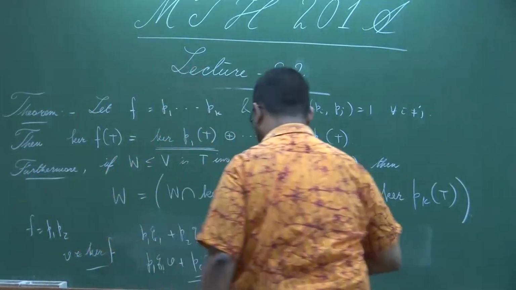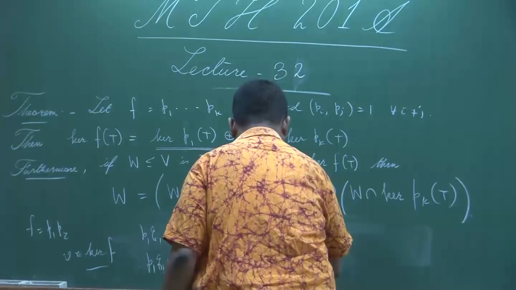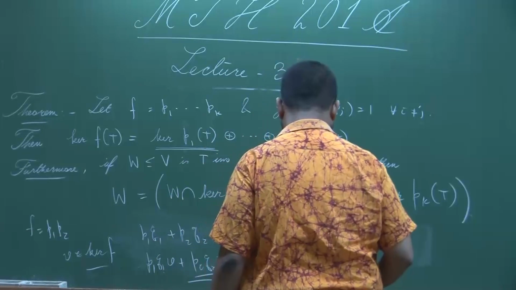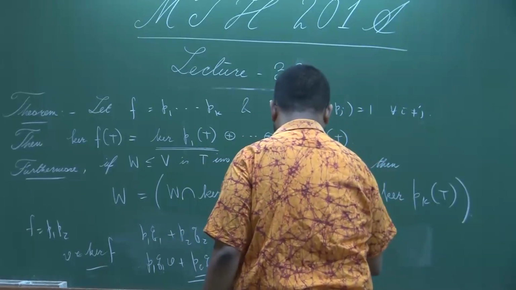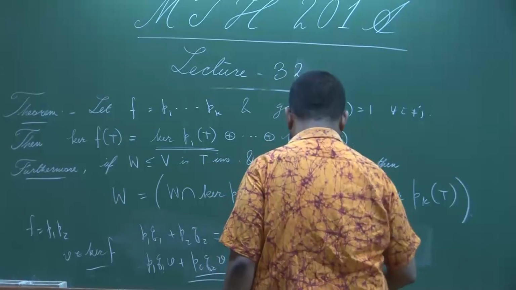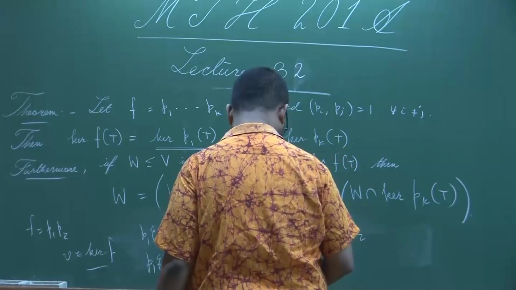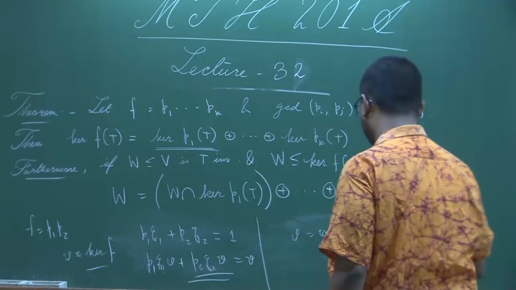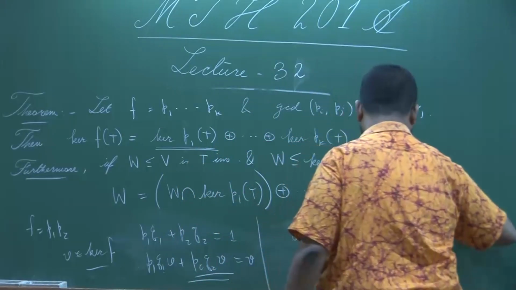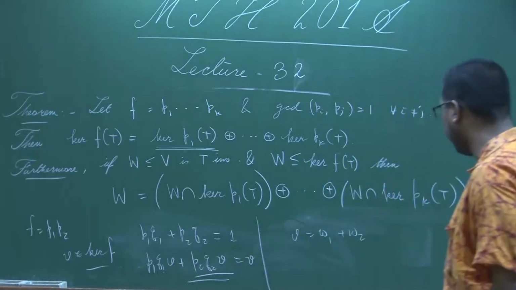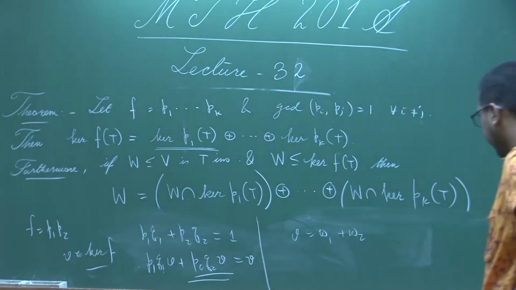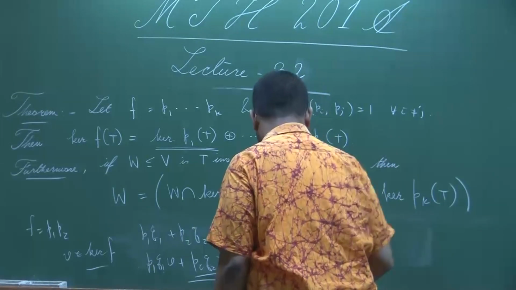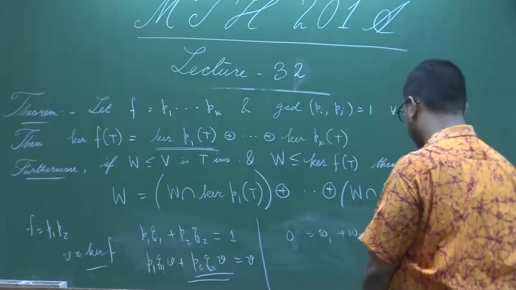So, that part is there, and now suppose V is written as W1 plus W2, then what do we wish to see? So, let us better see that for two polynomials, then it will help me. So, if this is 0, we would like to show that the other one is 0.